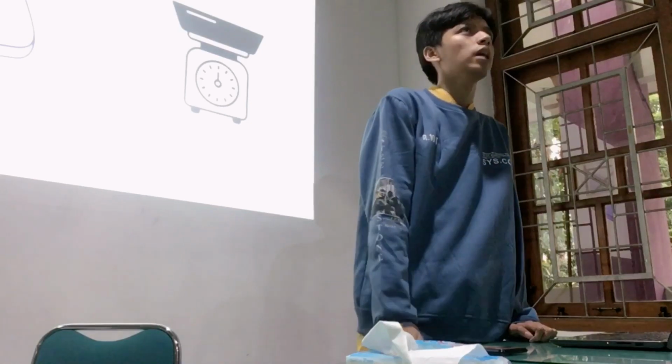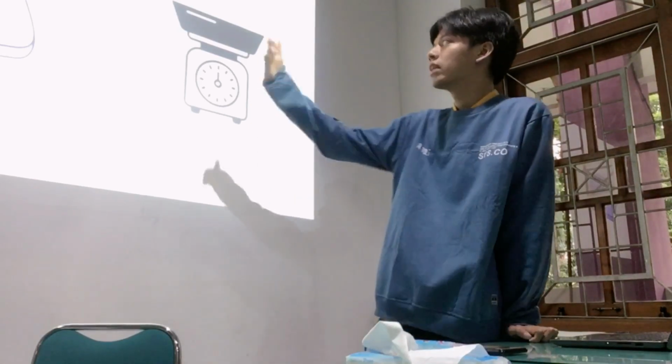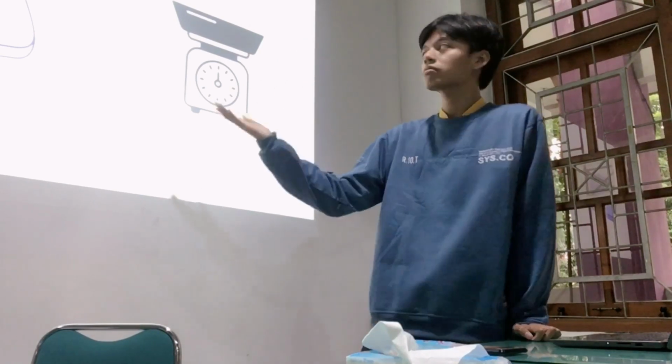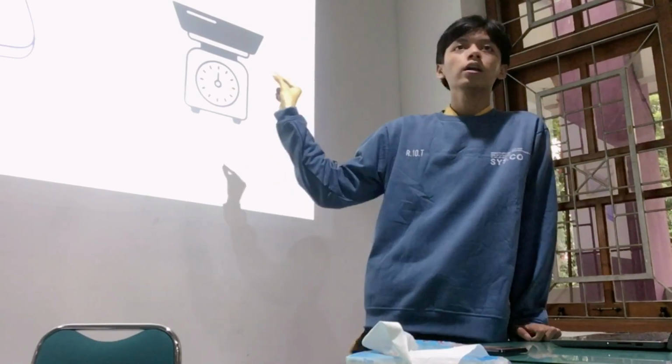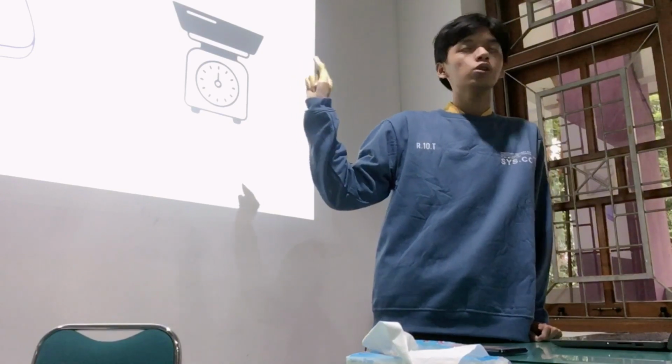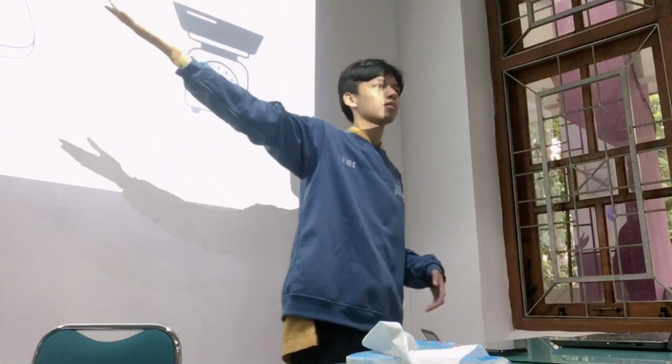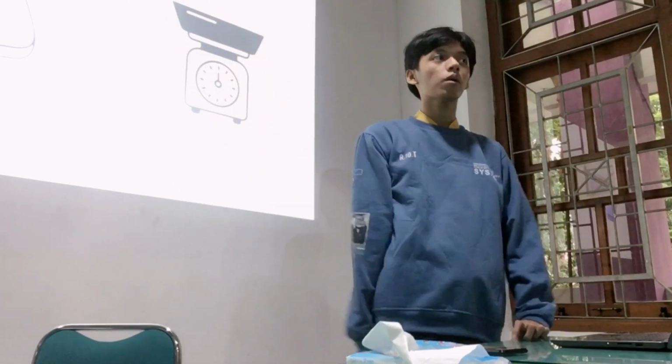I want to ask, if we have these two types of scale, scale means timbangan, which one do we use to measure our weight? The left one, or the right one? The left one. Yes.